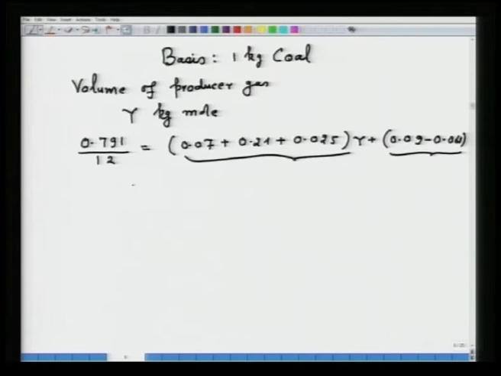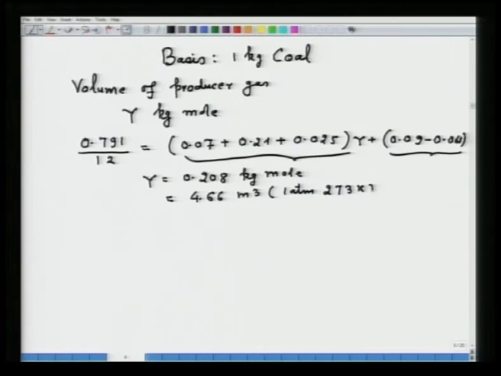If I solve, I will get Y equal to 0.208 kg mole. Mind you, it is per kg of coal, or that is also equal to 4.66 meter cube per kg coal at 1 atmosphere and 273 Kelvin. So, I got now the volume of producer gas.